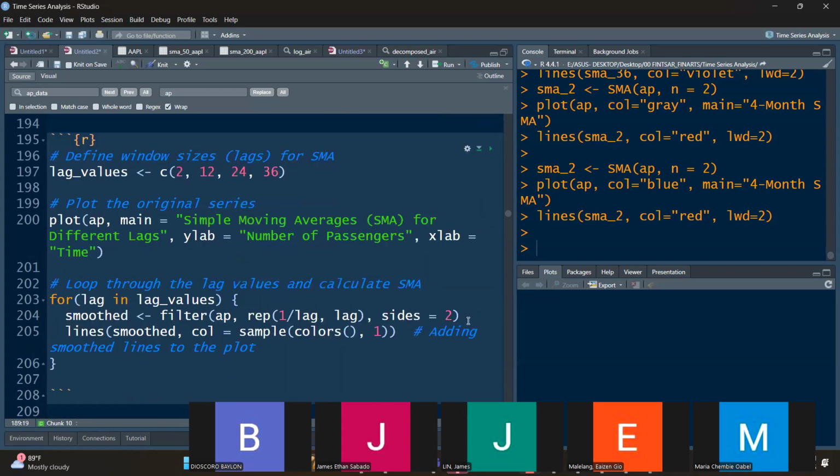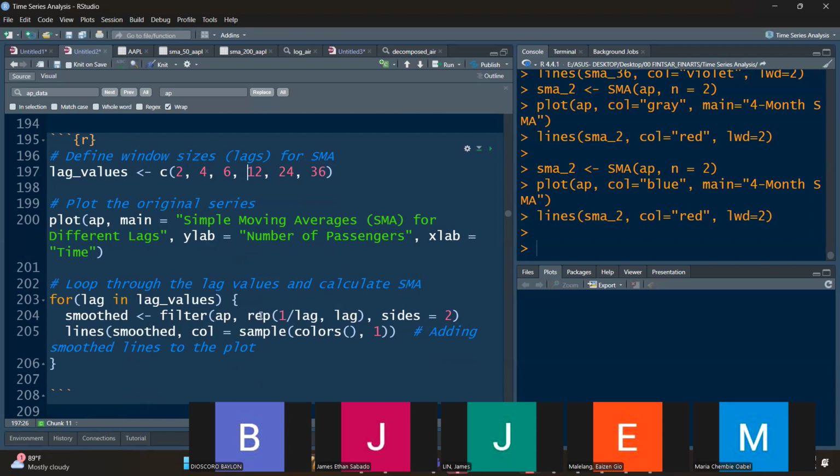Last time here we created a table, 2, 12, and maybe we can include 4 and 6: 2, 4, 6, 12, 24, 36. We're creating the plot for AP, and for the lag values, these are your lag values.